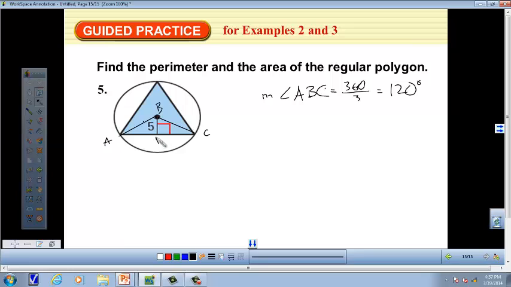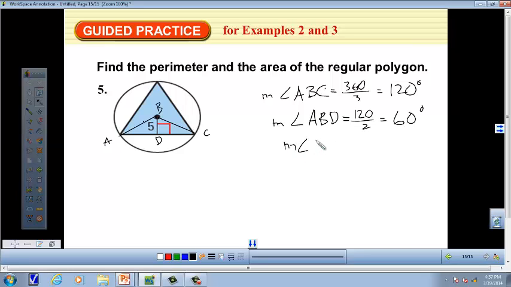If I call this D, that means that the measure of angle ABD is going to be half of that, or 120 over 2, which is 60.